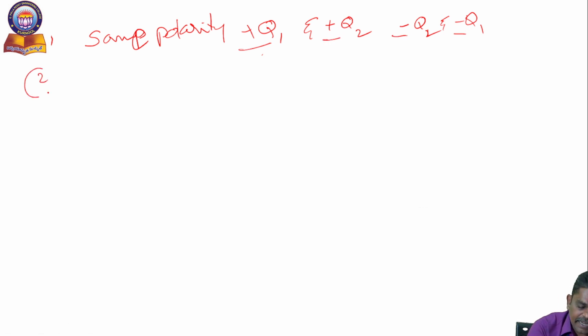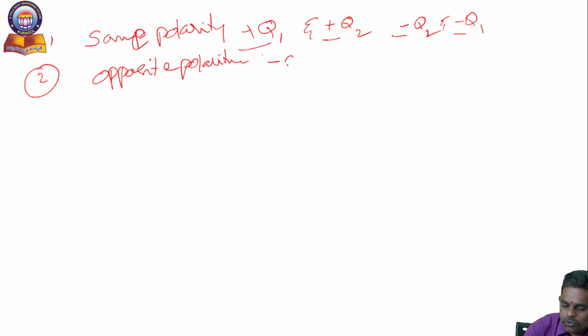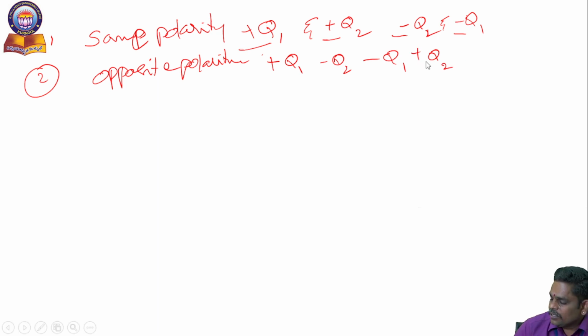The second case is opposite polarity, that is, if q1 is positive then q2 is negative, or q1 is negative and q2 is positive.